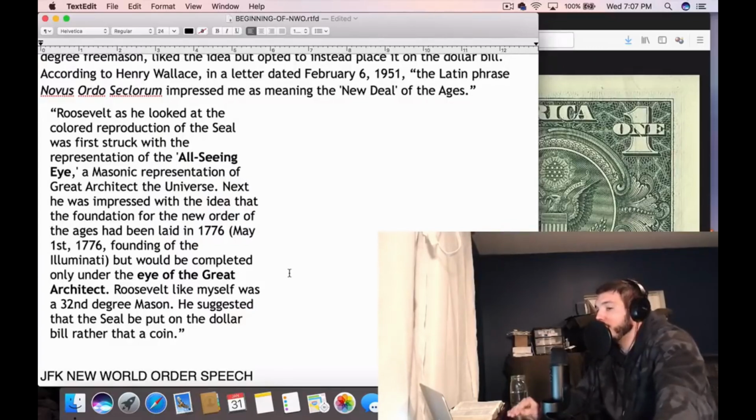Okay, so this Freemason here, Henry Wallace, is saying that Roosevelt liked the seal because the all-seeing eye represented the God that the Freemasons worship. Who is that God? They call him the great architect of the universe. Okay, so whatever God it is, it's the God that the Freemasons worship. Okay? The all-seeing eye represents that.